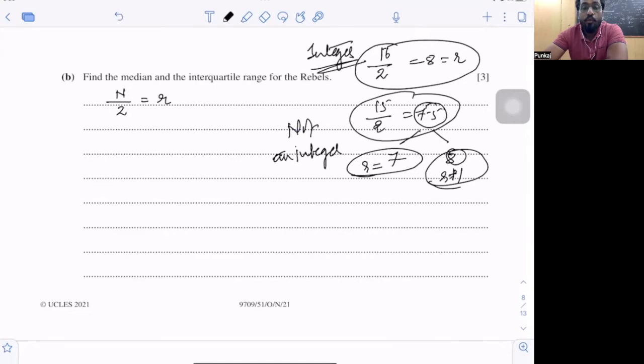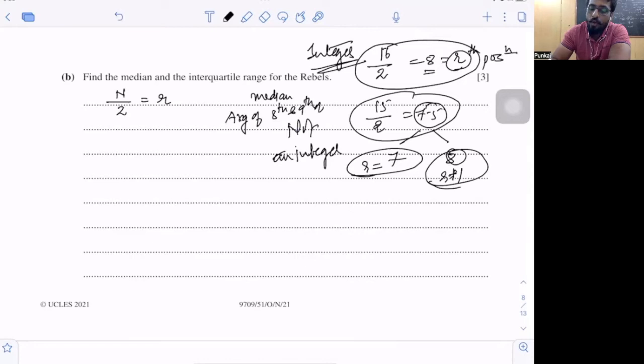So whenever you have an integer, so you have got 8. This 8 is the rth position, the value which is present at the 8th position. So the median will be the average of the 8th and 9th observation.